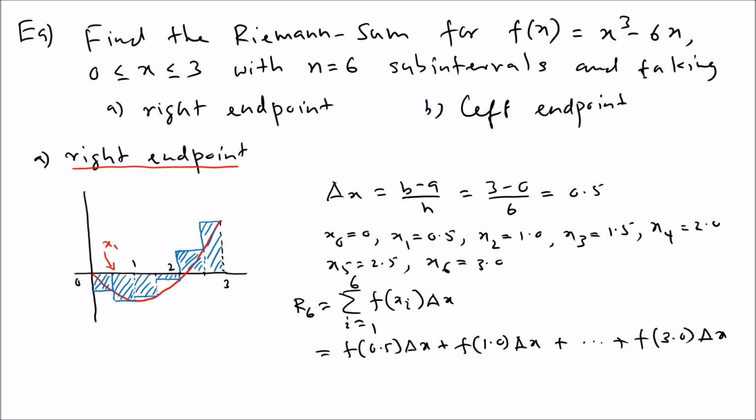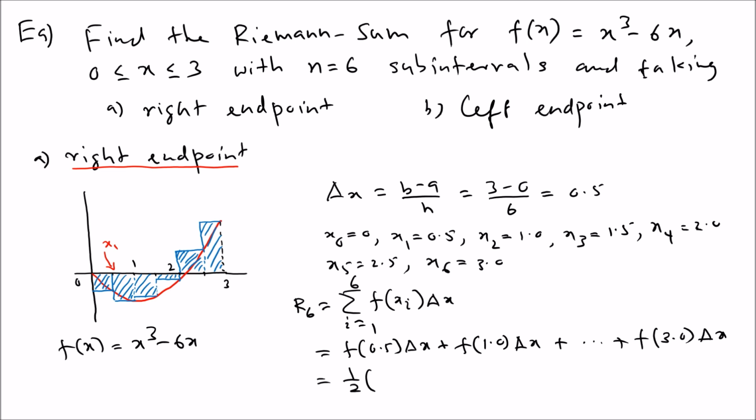Now we can evaluate the function, because the function is given. The function is x cubed minus 6x. So you want to use a calculator and find the values. Delta x is common, so you can take it out. So it is 1/2, and then put in the values.